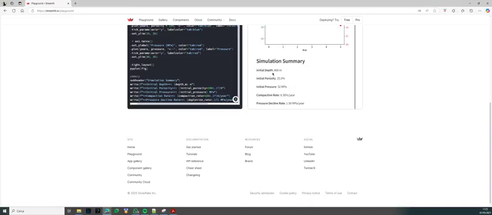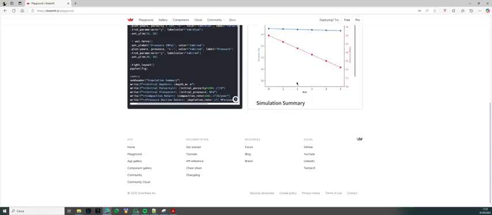So we have these parameters used: the initial porosity of 25%, initial pressure of this, and compaction rate and decline pressure.